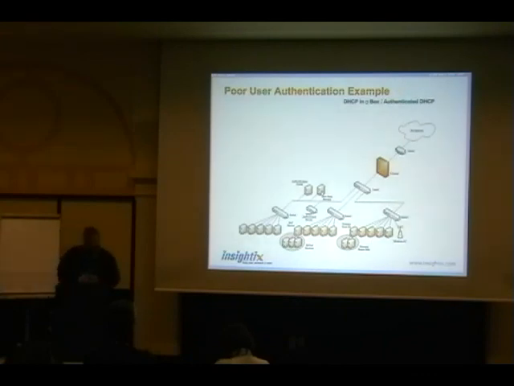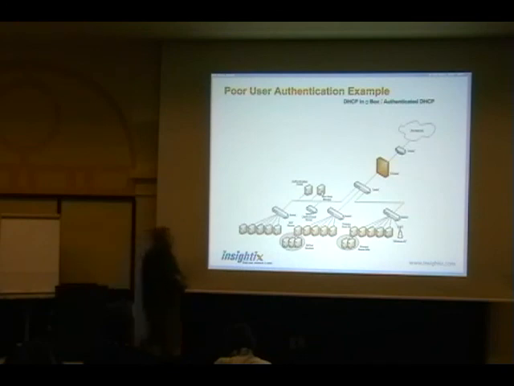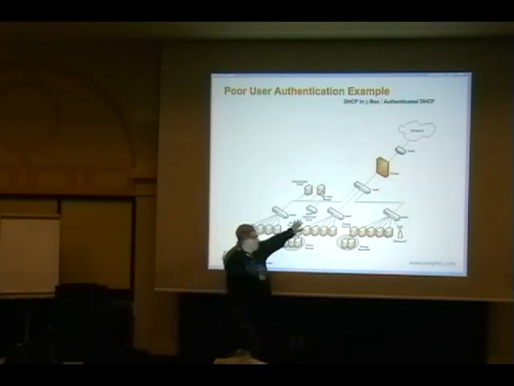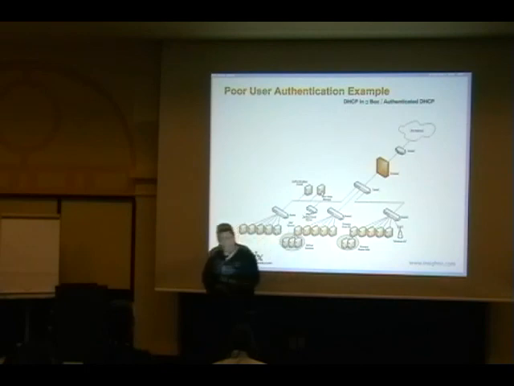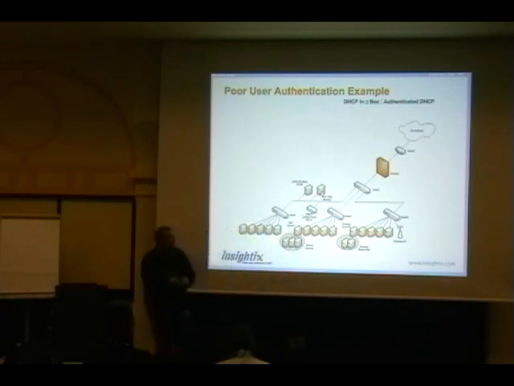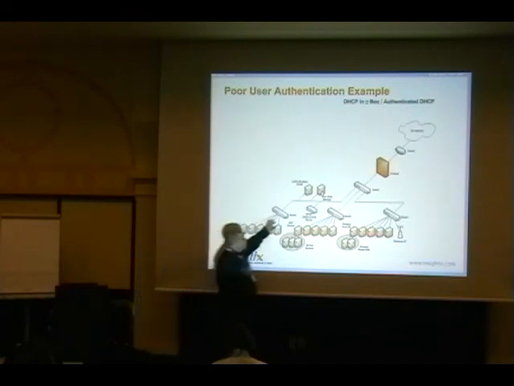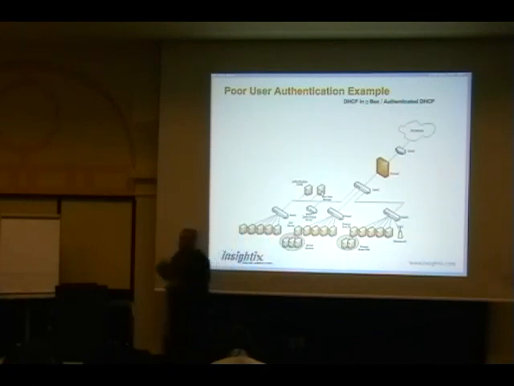Another quite interesting example is with DHCP replacement servers. Basically, I call this DHCP in a box. You get a DHCP replacement server. The way this works is you request an IP address, you get a non-routable IP address, and you're redirected to some kind of authentication portal. The authentication portal requires your username and password.